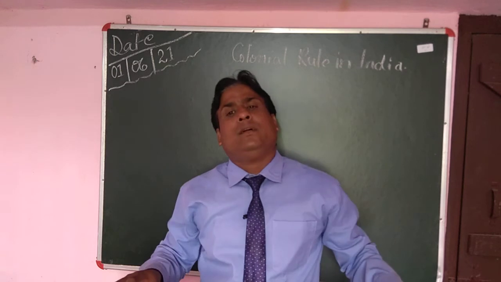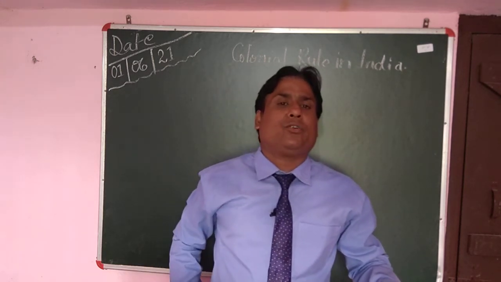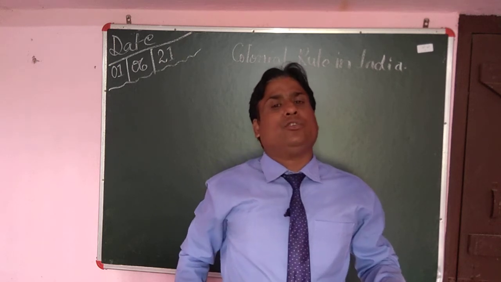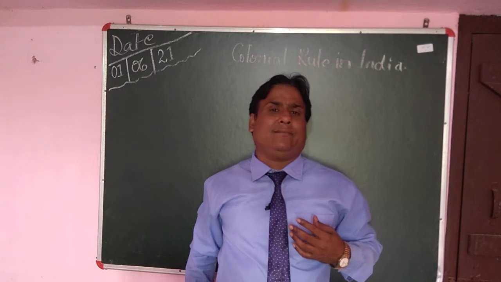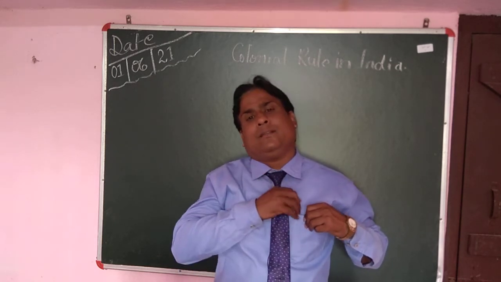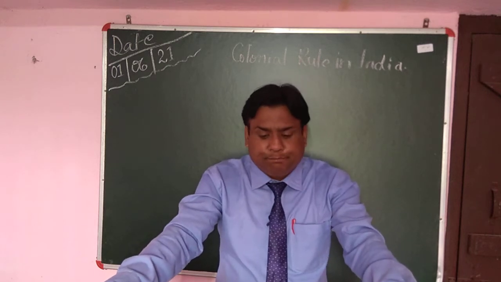They prepared a framework, a conspiracy, according to which they could gain control over Indian territories. In this process, they deceived a lot of people and did a lot of injustice to the Indian people.